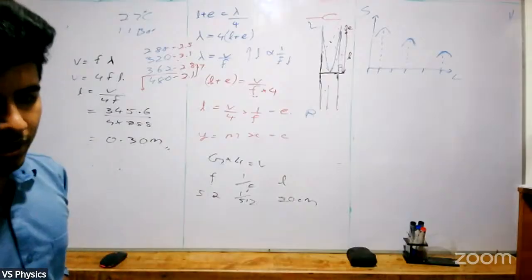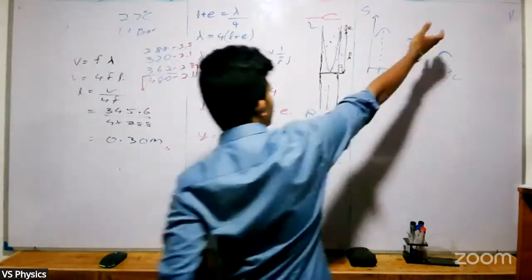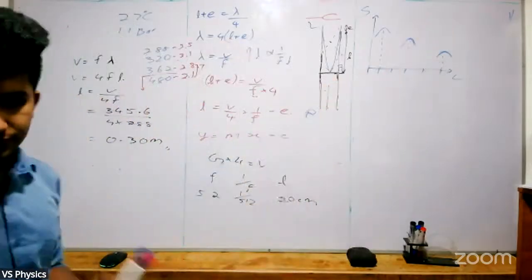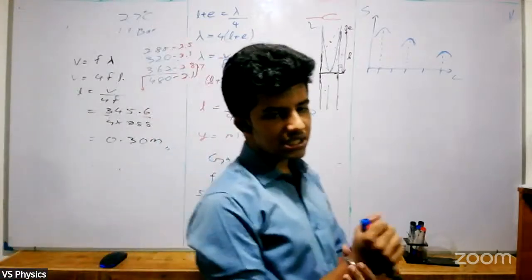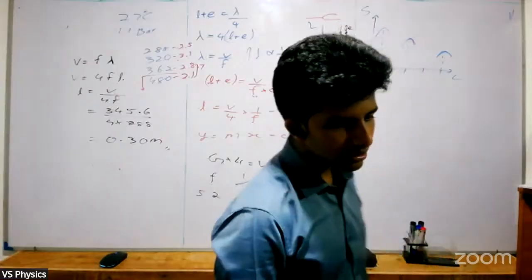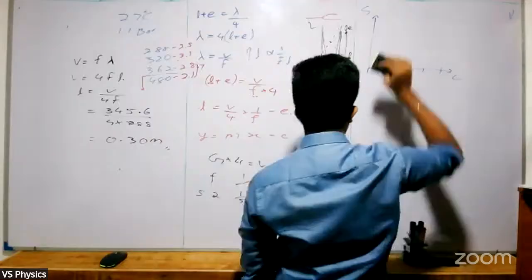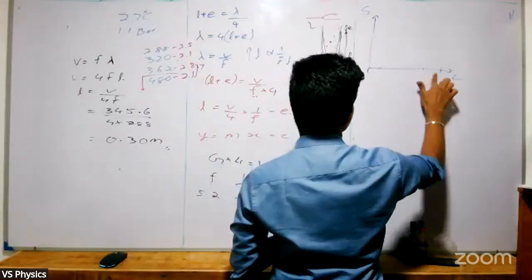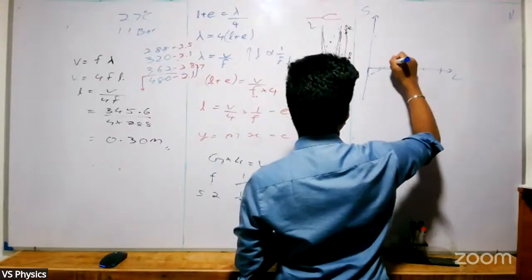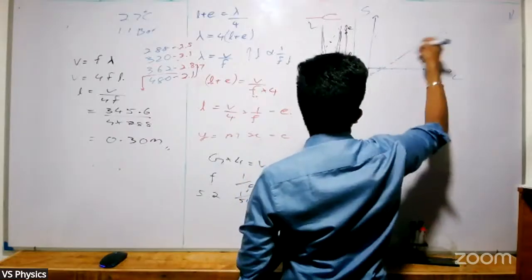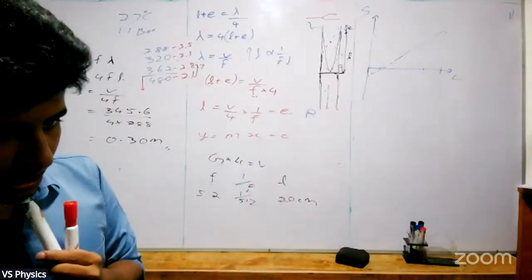Next, draw a rough sketch of the graph you would expect. You remember that. If the room temperature was uniformly increasing during the period of taking data, draw the curve. This is the 1 over F versus L graph you are going to get.